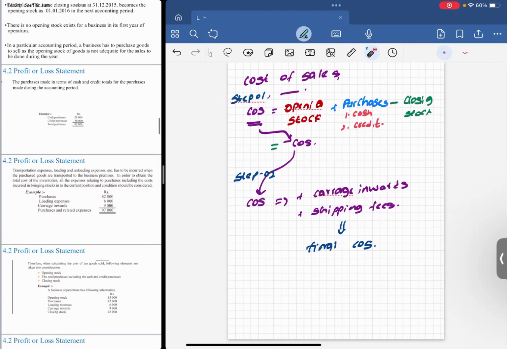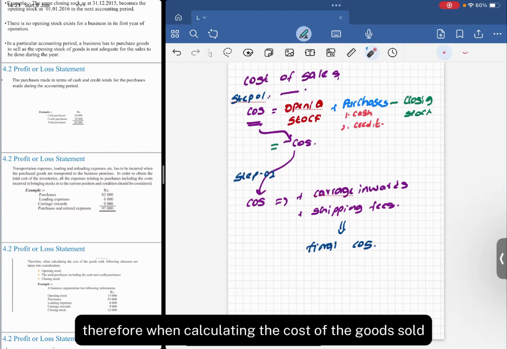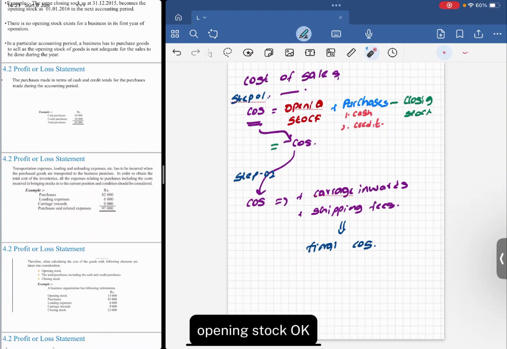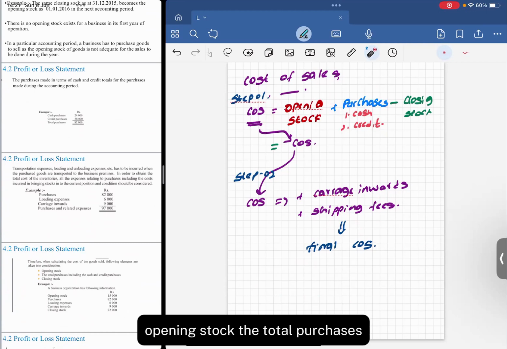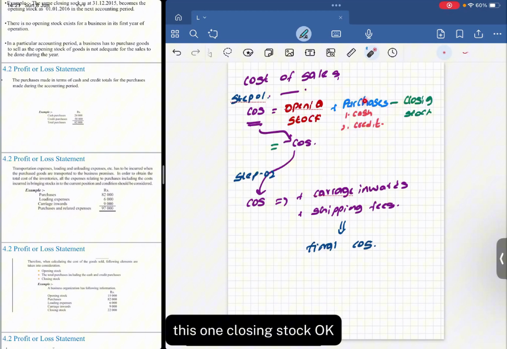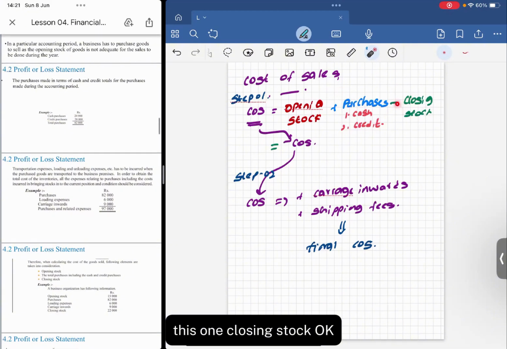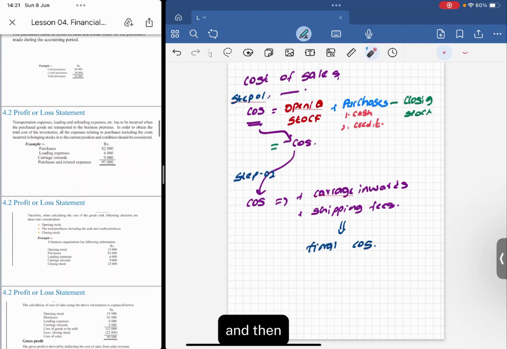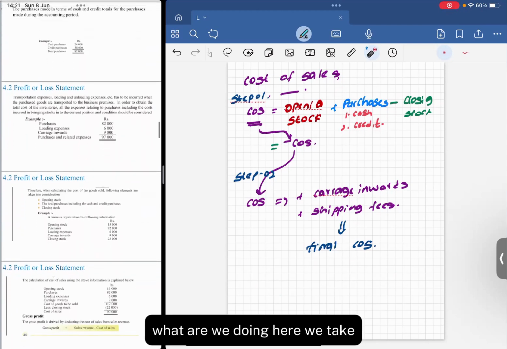Therefore, when calculating the cost of goods sold, the following elements are taken into consideration: opening stock, the total purchases including the cash and credit purchases, and closing stock. What are we doing here?